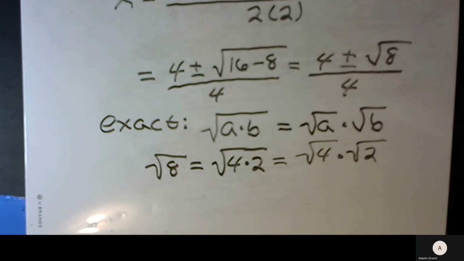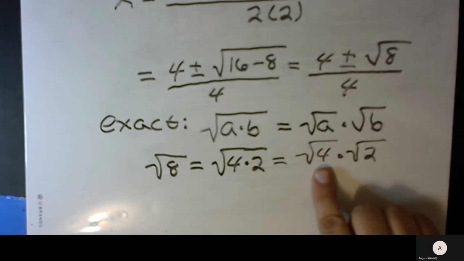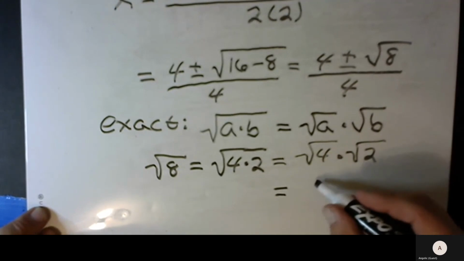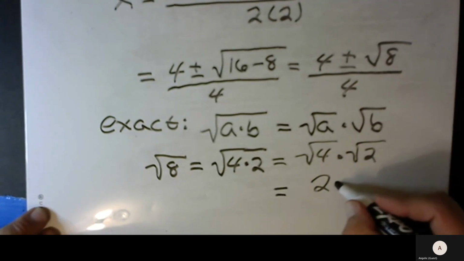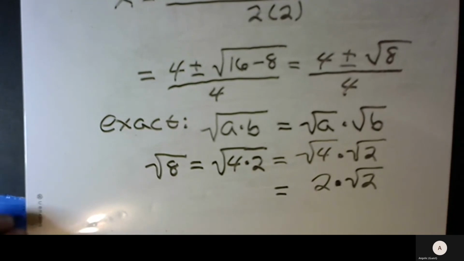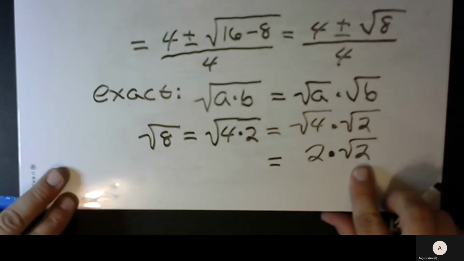Now, the trick here is we know 4 has a square root. So we want to make sure we have a number that does have a square root. Square root of 4 is 2. Now, square root of 2 has an infinite square root, so we're just going to leave it as square root 2.